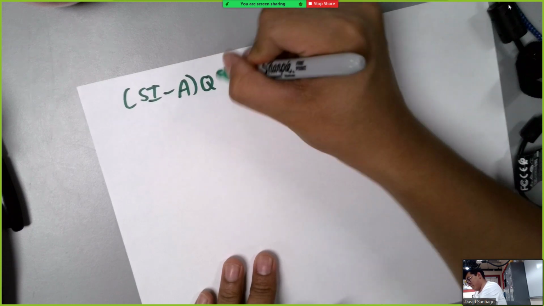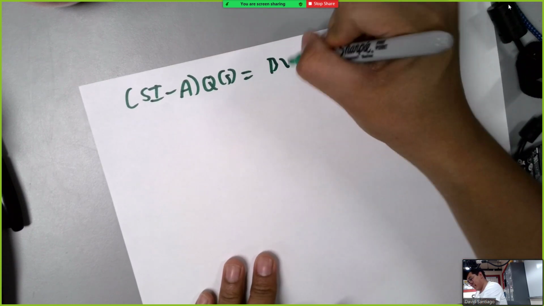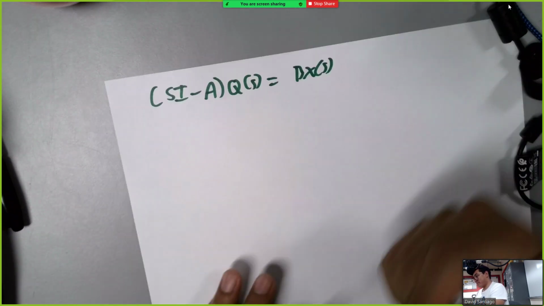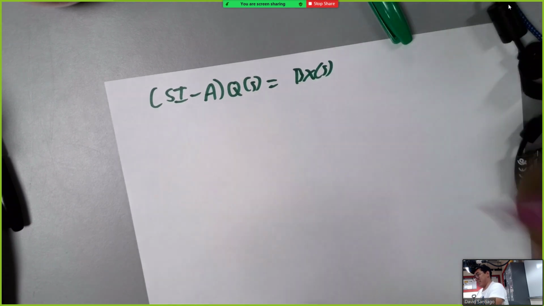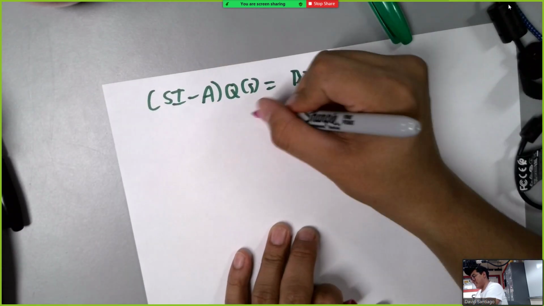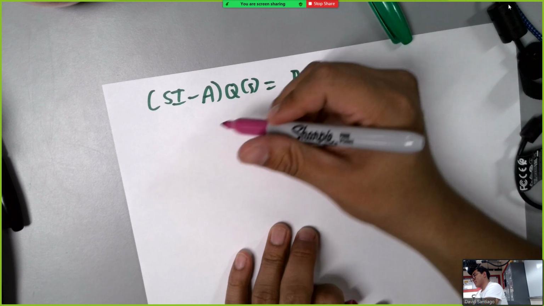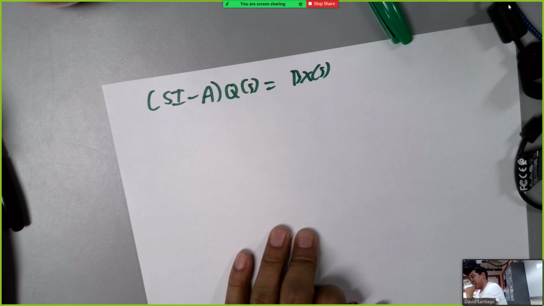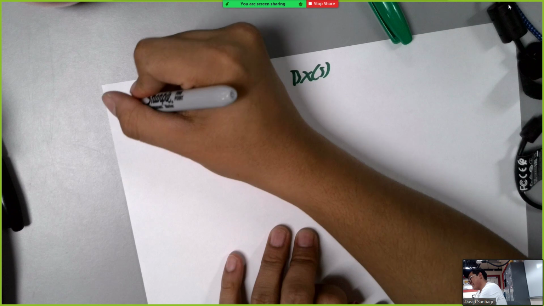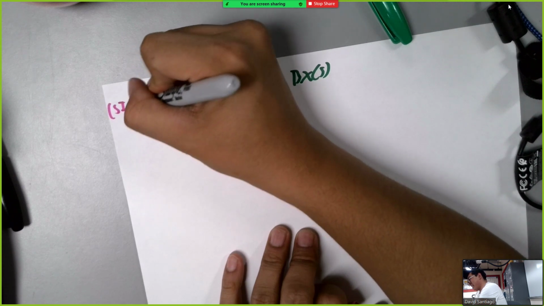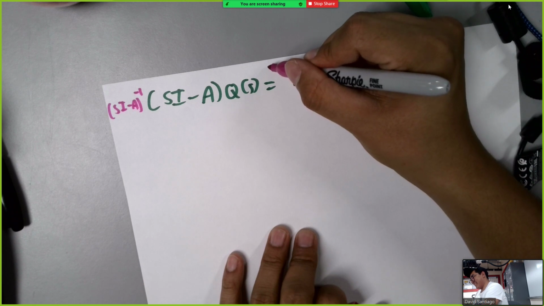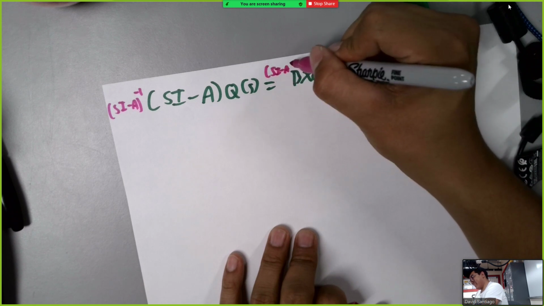Okay, now just writing it officially. Q of S is equal to B X of S. What you're gonna do now is multiply both sides by S I minus A inverse.